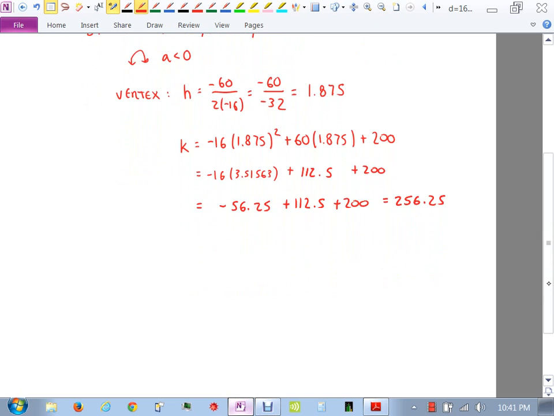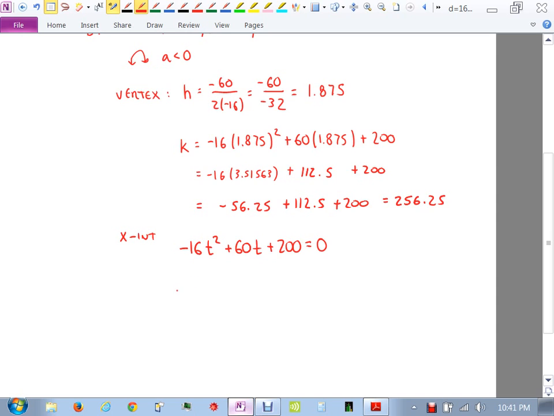Okay, and now I need to know my x-intercepts. I know it opens down, and I know I have x-intercepts already. To find those, I take my equation and set d equal to 0.